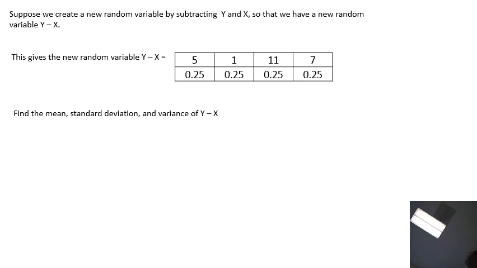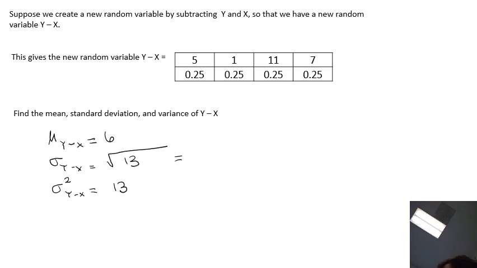I believe you'll find that the mean of y minus x is equal to 6, the variance of y minus x is 13, and the standard deviation of y minus x is the square root of 13, or 3.605.